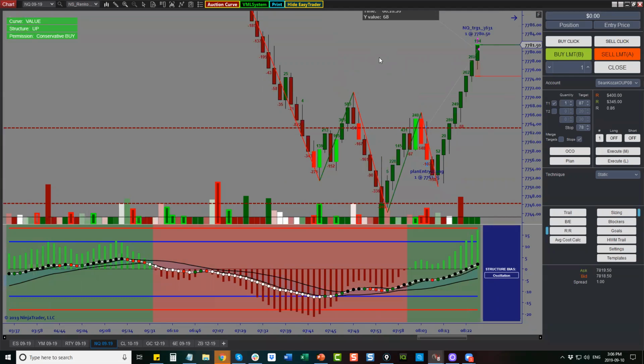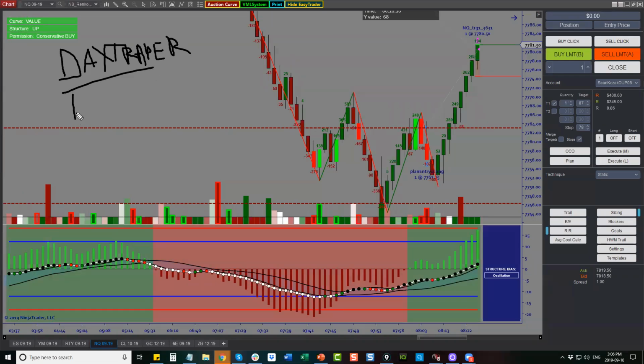So TJ is saying, isn't day trading if you take advantage of all the scalping presented, taking advantage of price? Well, that's a great question. So here's a good thing. Day trading is a subjective term, because technically, if you're a day trader, you could be intra-swing, you could be day trader, you could be scalper, right?